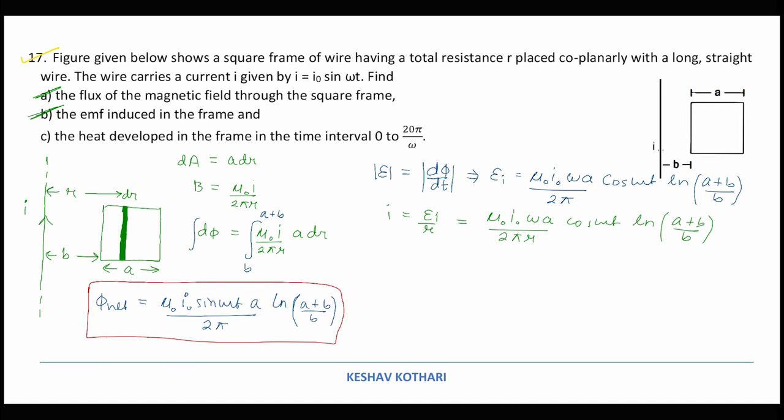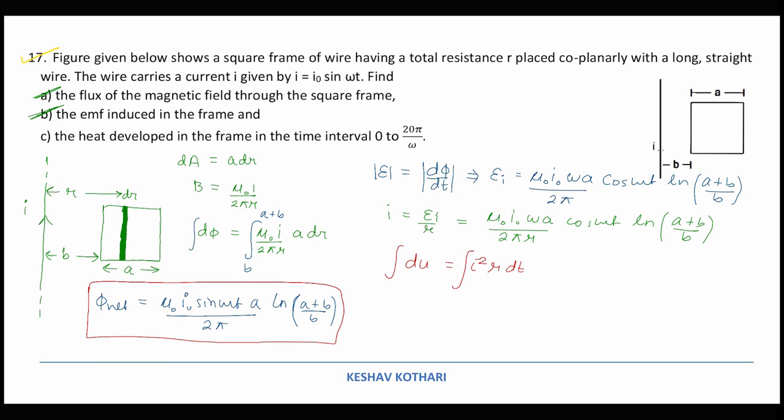Now for the expression of heat energy, we write dU is equal to I square r dt, and we integrate this expression for the given time, from 0 to 20 pi by omega. Since the current is a function of time, we will be using this integral.